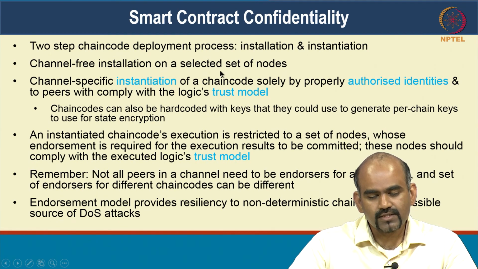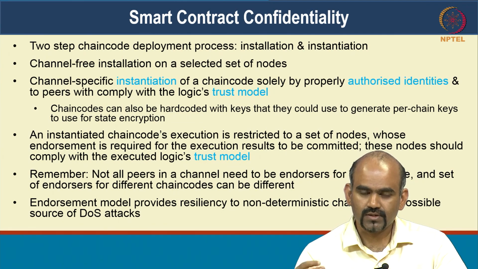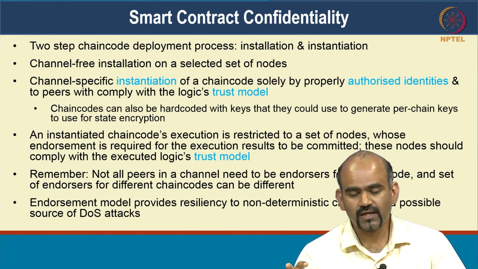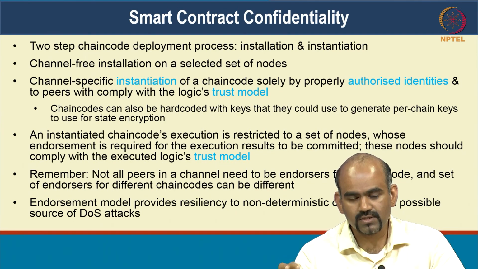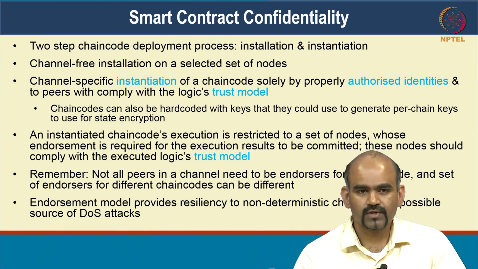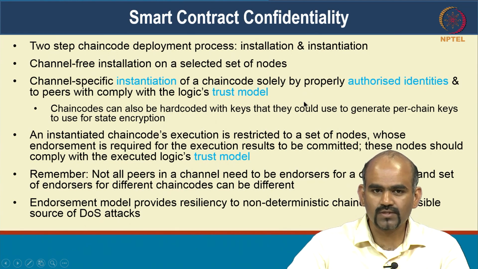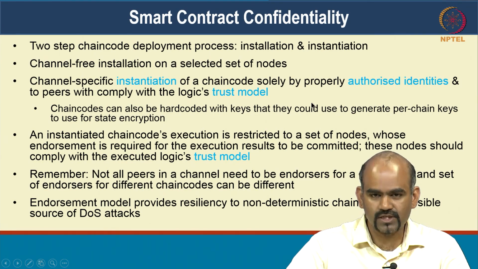The installation is really about being able to have the logic in a particular peer. So this is independent of channels. On the peers where the chain code is installed, the peer will have that logic of the chain code, right? So this is just based on the peers. Which peers have to run this code, they will have the chain code. So that's the installation, right?